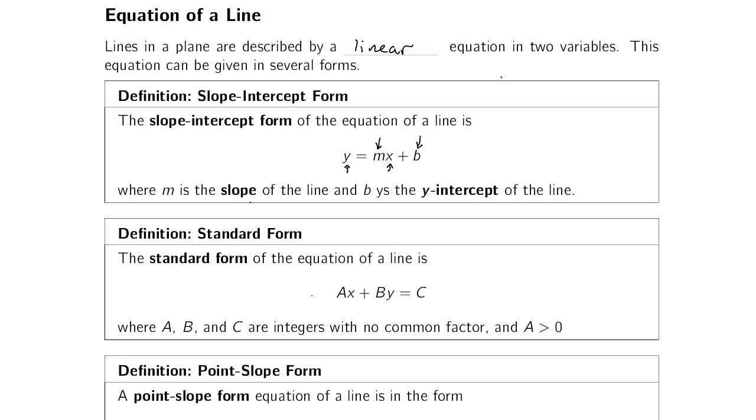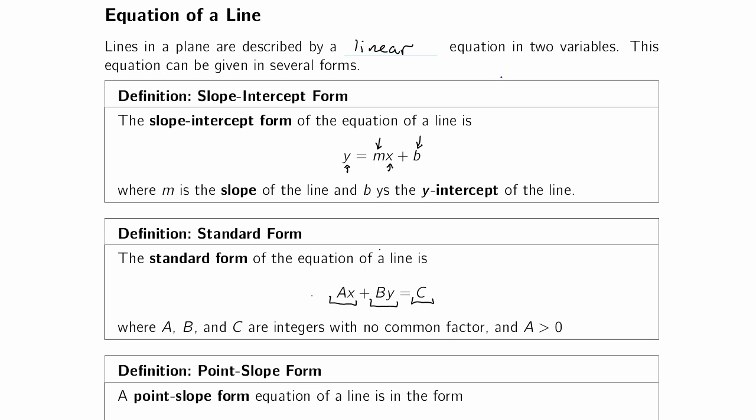The second form we often encounter lines in is standard form, where we have a number times x plus a number times y equals a third number. And then there are some restrictions on the coefficients, just so that if you write the equation of the same line in standard form, it will always look the same.